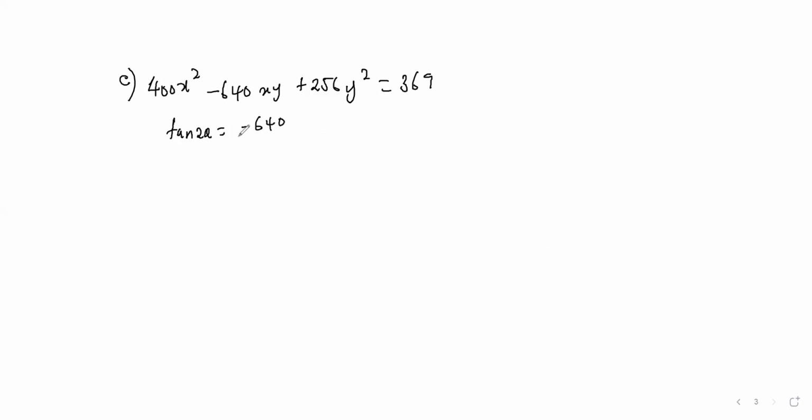B is minus 640 over 400 minus 256. What numbers do you get? Down is 144. So it will be negative 640 over 144. And it's 40 over 9, negative 40 over 9.